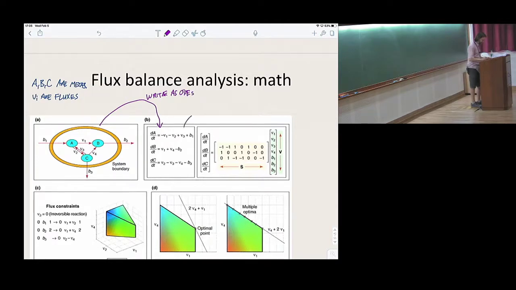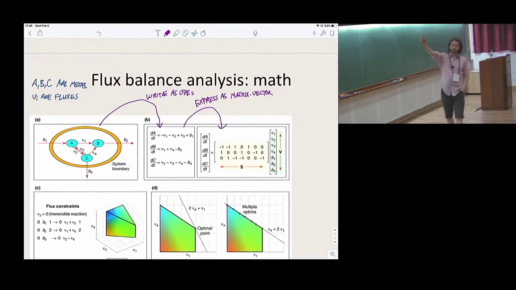And then we can simplify the notation, express this as a matrix times a vector, so that you have a vector of concentration change per time, dA/dt, dB/dt, dC/dt, equaling this S thing in the middle.